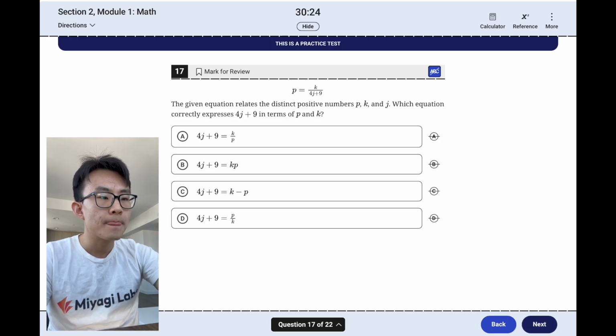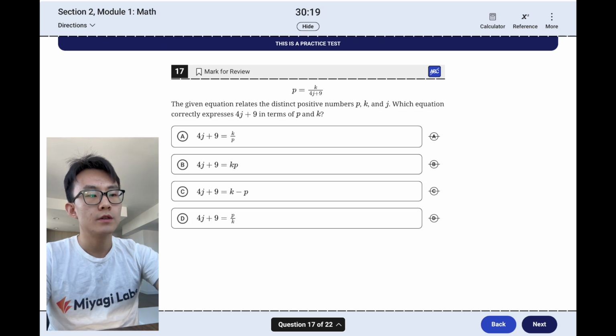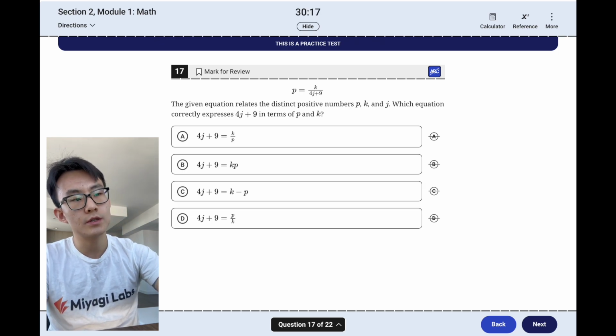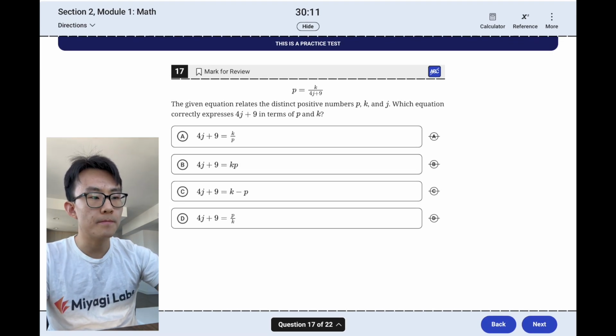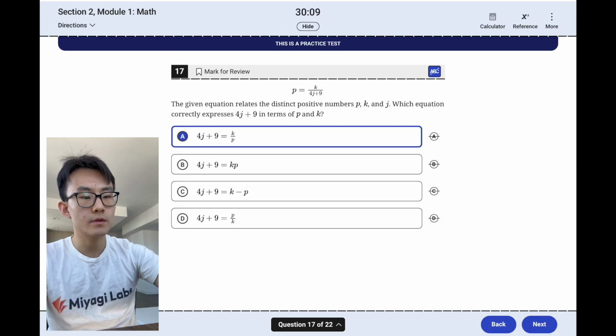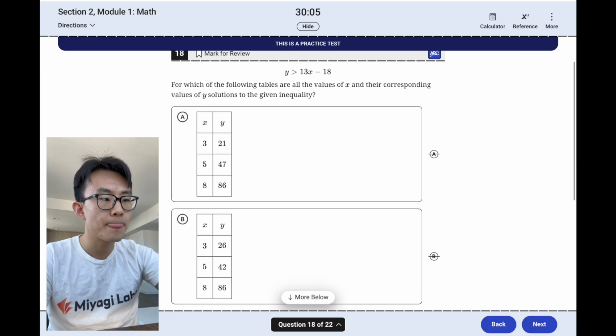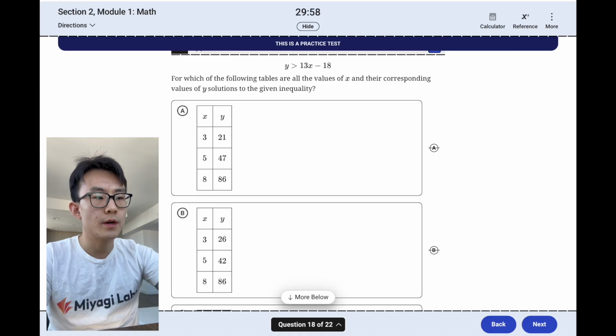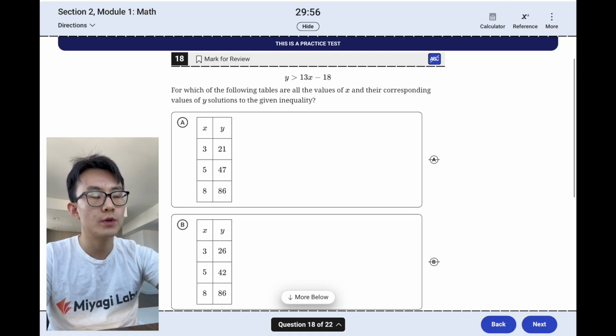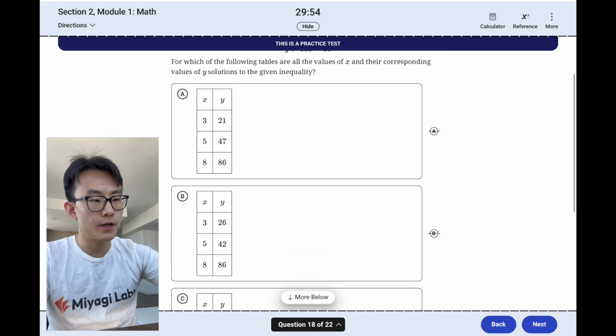4j plus 9 in terms of p and k. So 4j plus 9, you can just cross multiply. So it's equal to k over p. Which of these following tables, okay, so basically y has to be pretty big for any x.